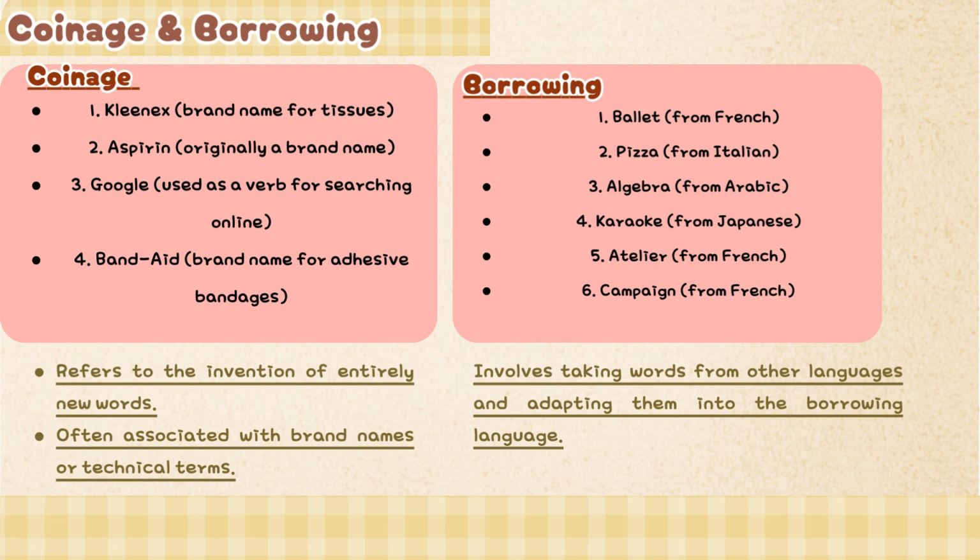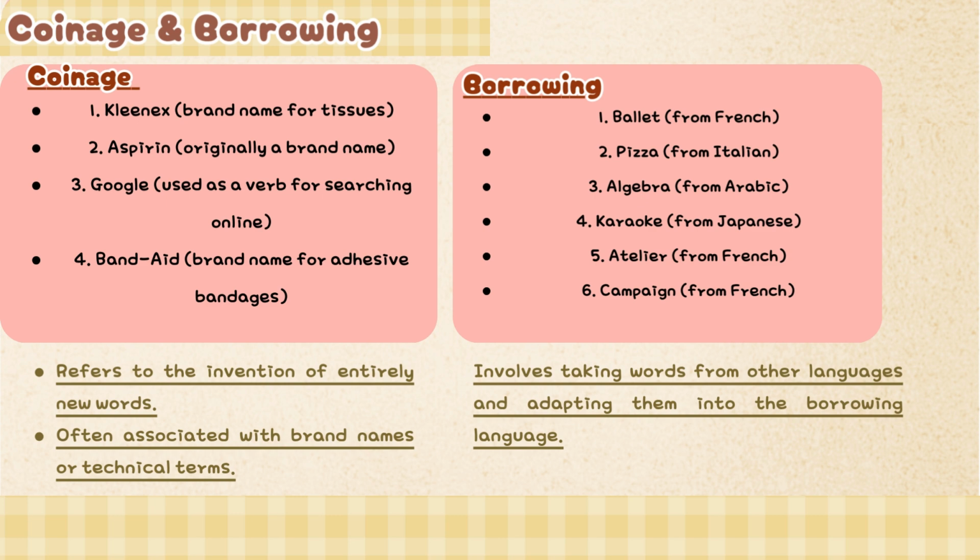On the other hand, borrowing occurs when a language adopts words from other languages and integrates them. Examples include ballet from French, pizza from Italian, algebra from Arabic, and karaoke from Japanese. Another example is atelier, a French word meaning workshop or studio.